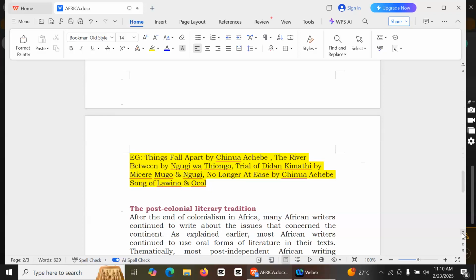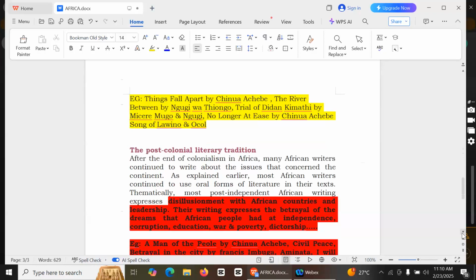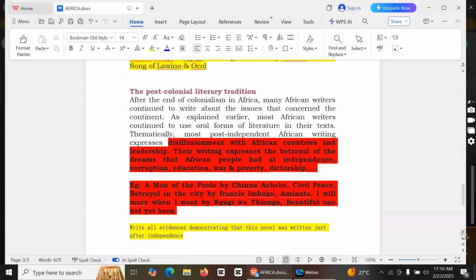Dear student, let me first go to the third one, the third period of African literature. We have post-colonial. As I told you before, when we say post-colonial, we mean after.